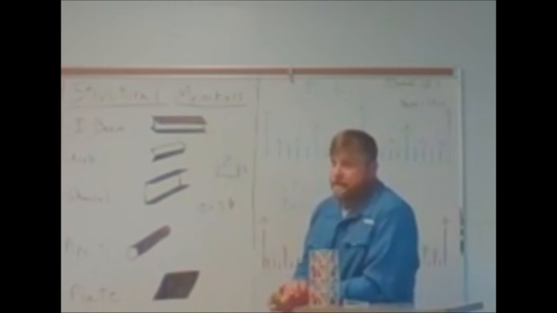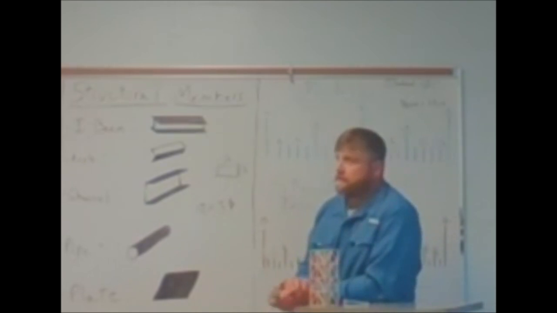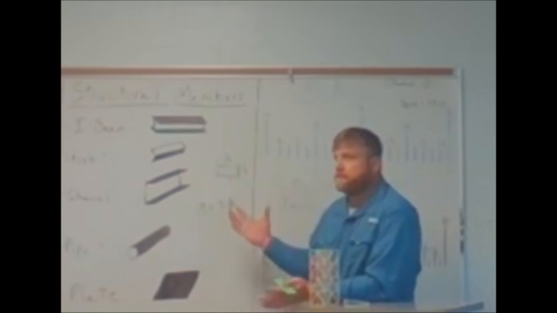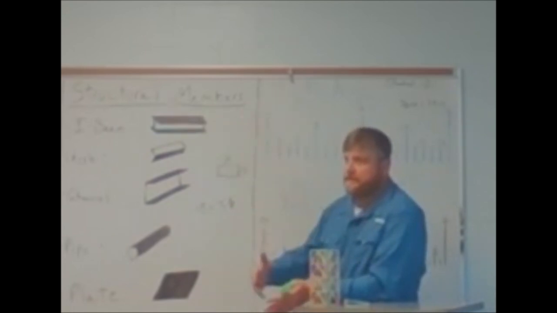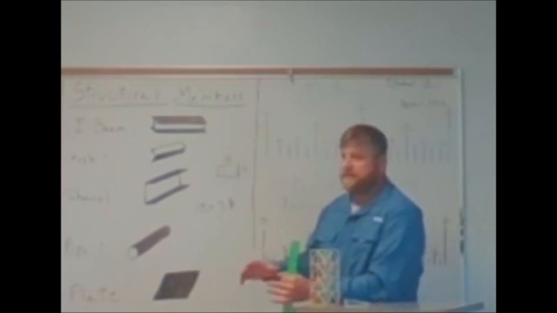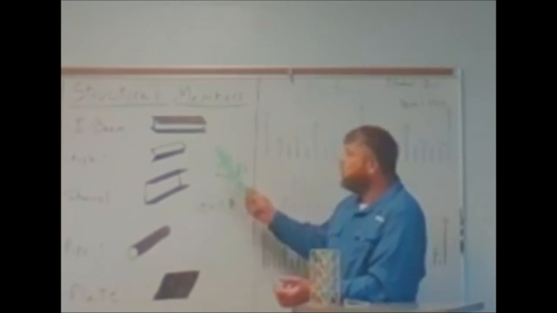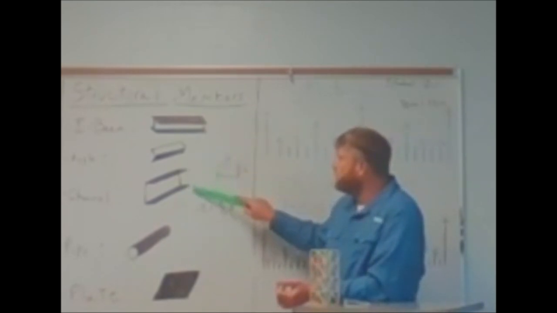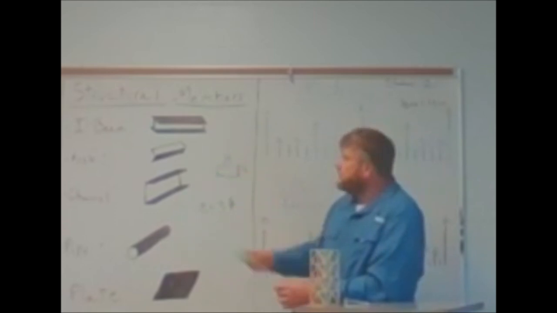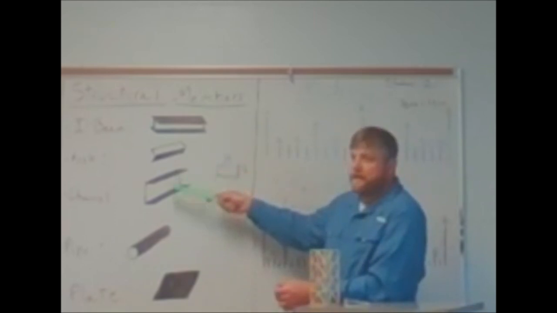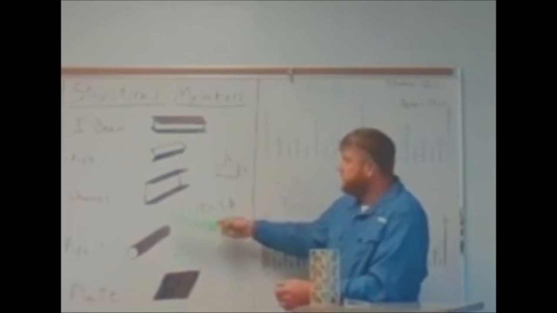I have seen pipe used structurally, primarily in hoppers where something has to flow past it, because it also doesn't have much resistance. So if coal, for instance, has to flow over channel iron, some of it's going to get caught here and it'll eventually wear away the channel iron.